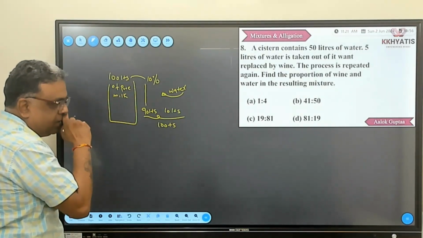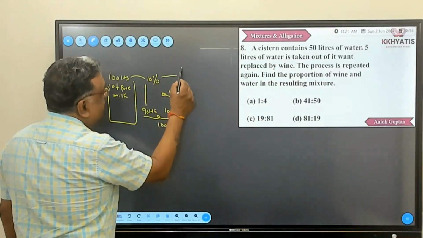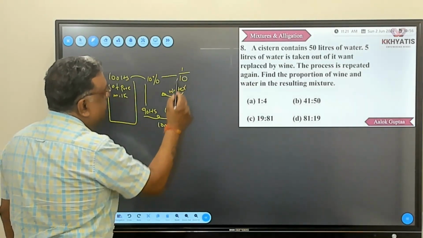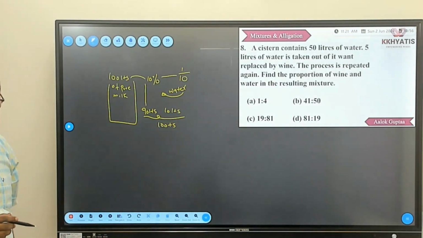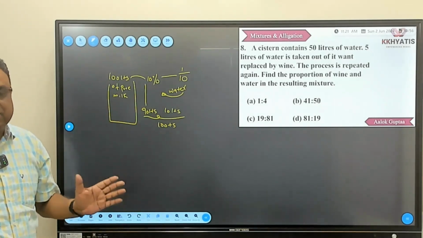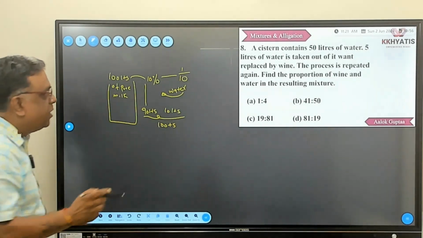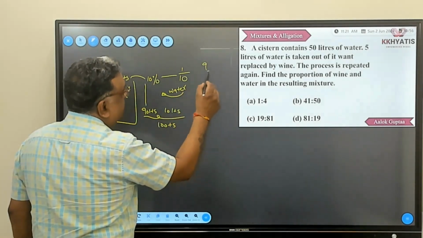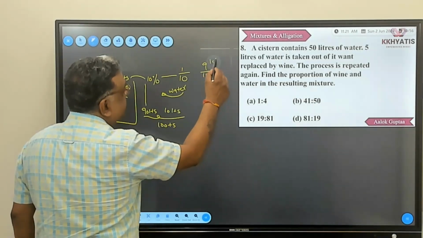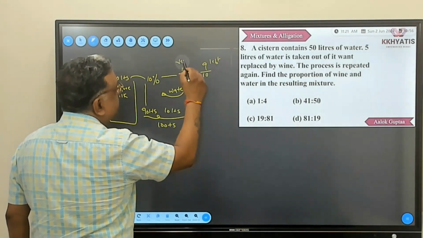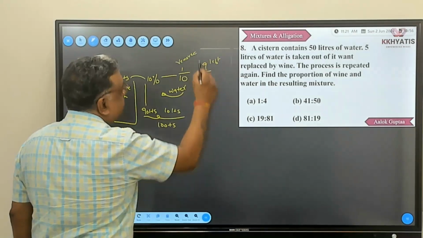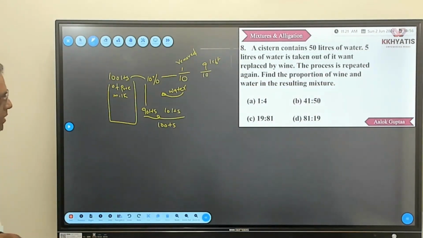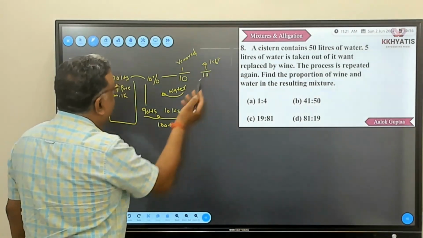So when I say I removed 10% from here, in terms of fraction, how much did I remove? 1 upon 10. So if 1 upon 10 of the total solution was removed, how much was left? 9 upon 10 was left. This was removed. Correct? So 9/10 of what?